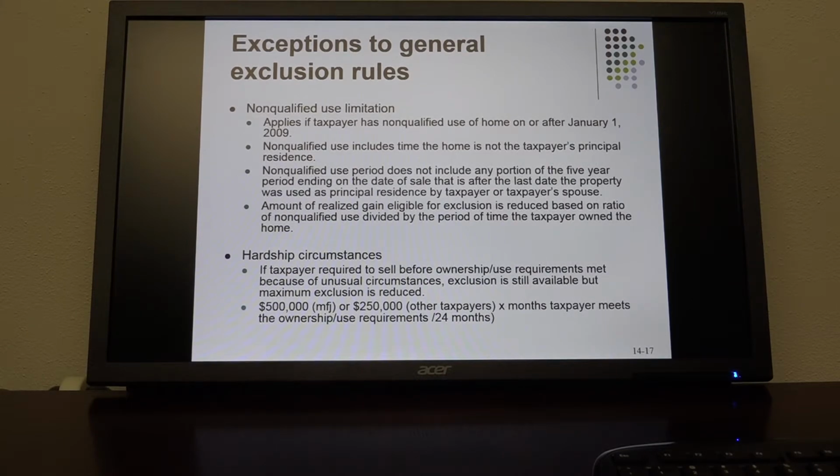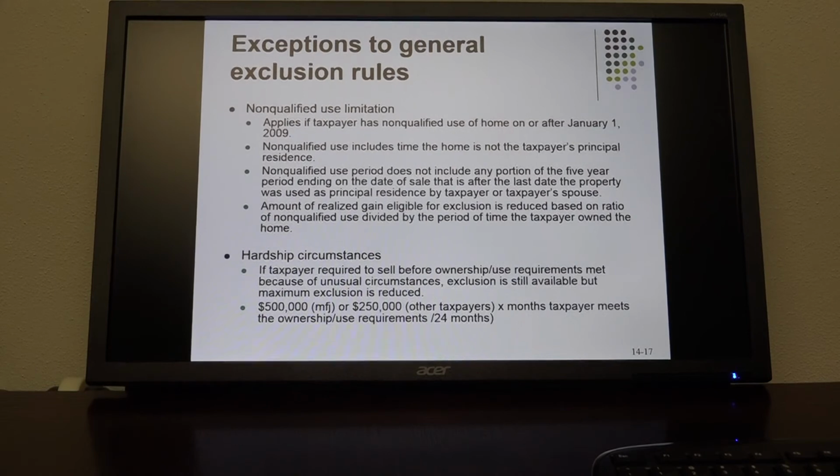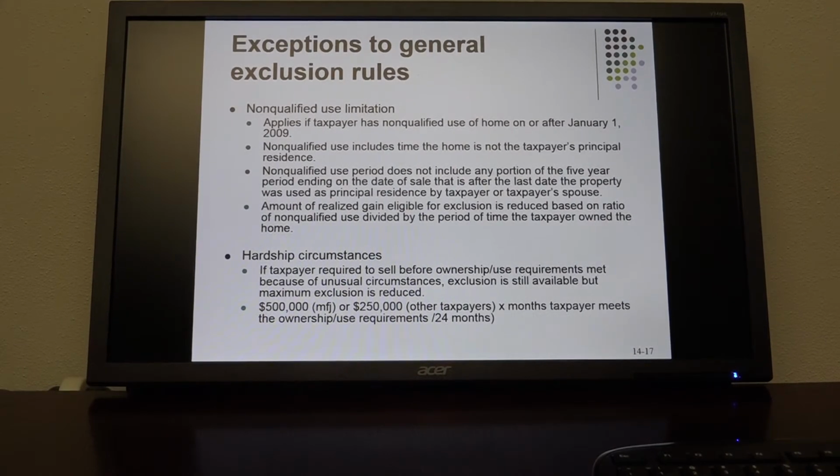Now, if it is for employment purposes, you have to change jobs. You have to meet the 50-mile rule we talked about when we were discussing the deductibility of moving expenses. So look over that.